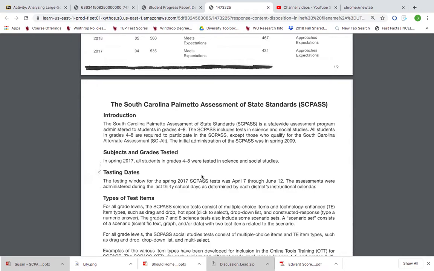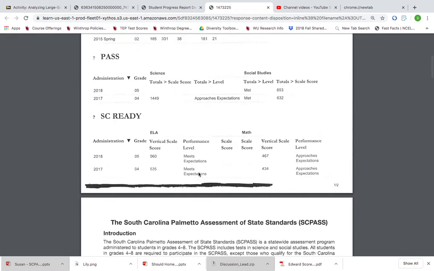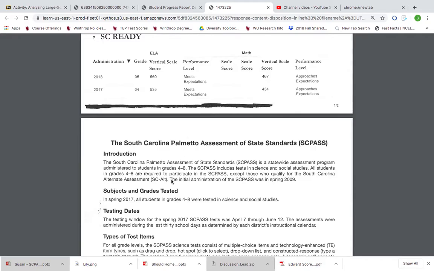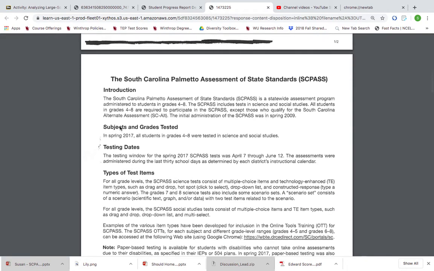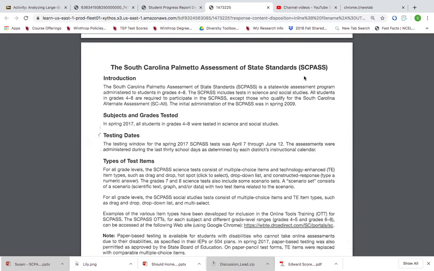Okay, so the SC PASS, we'll see we have a grade 5 in 2018. So Girard must be in 5th grade in 2018. In 2017, these were the scores that he had in grade 4. First off, this section down here is actually kind of from the website on South Carolina PASS.